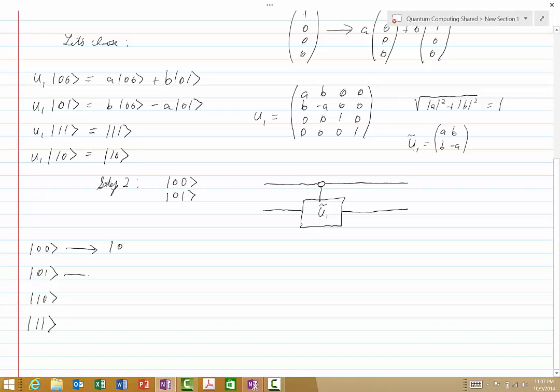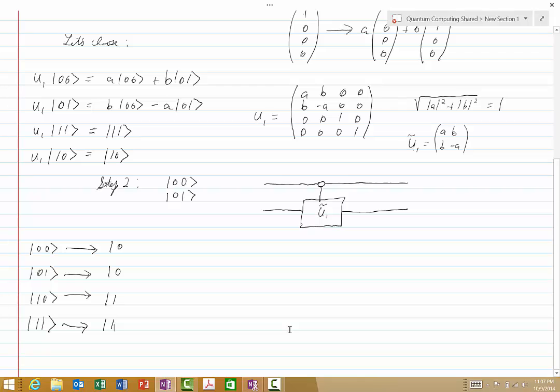In every case here, the first bit will be undisturbed. And likewise, when the first bit is equal to 1, nothing will happen to the second bit, because this is a controlled NOT gate where the first bit needs to be 0. And so when the first bit is 1, nothing is going to happen to either bit.